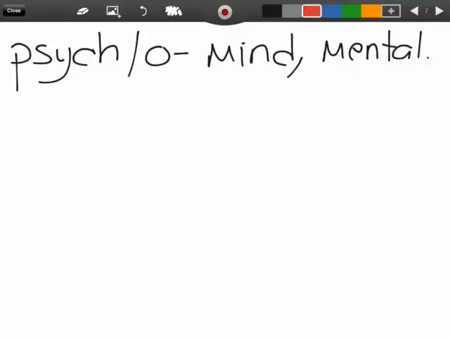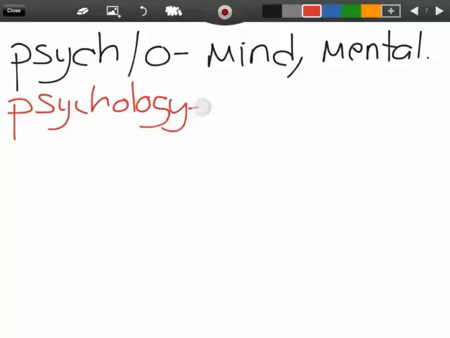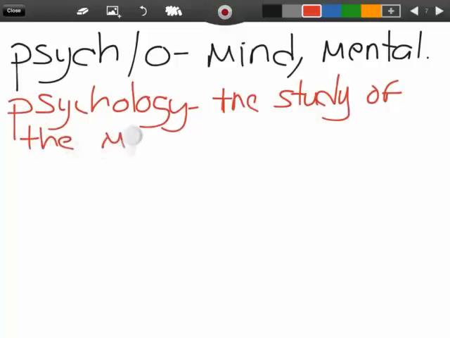I'm going to use this root and give you a word with the definition. That word is psychology, meaning the study of the mind.